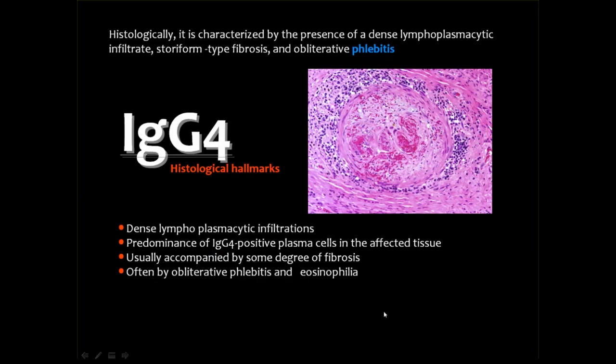Then there are common histopathologic findings for this IgG4 related diseases. Number one, dense lymphoplasmacytic infiltrations, predominance of IgG4 positive plasma cells, some degree of fibrosis, and obliterative phlebitis and eosinophilia.